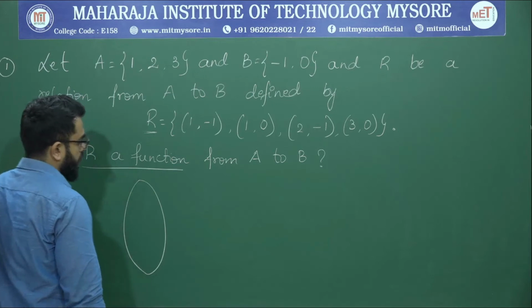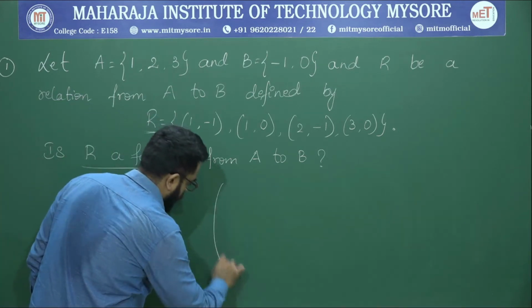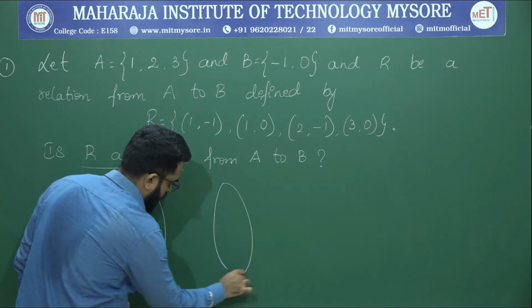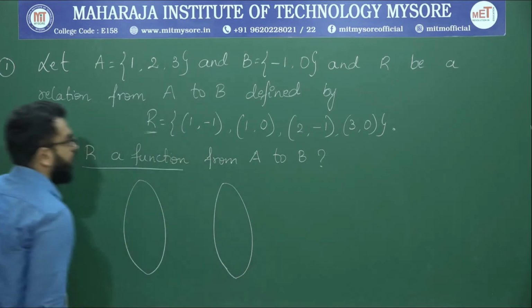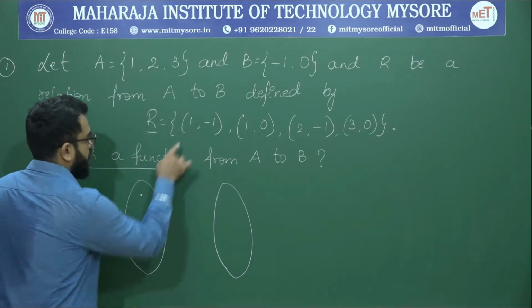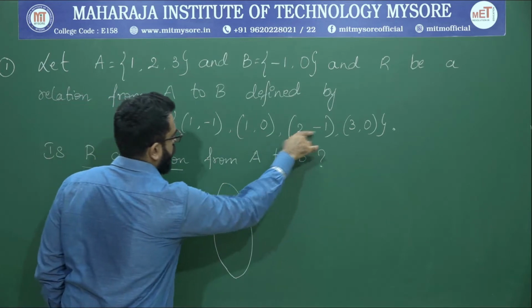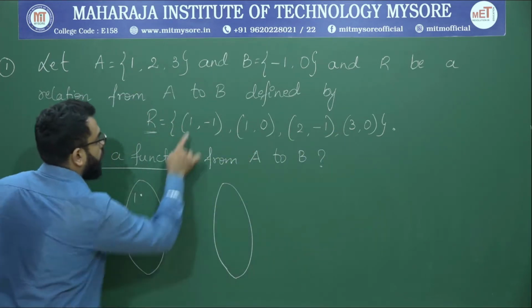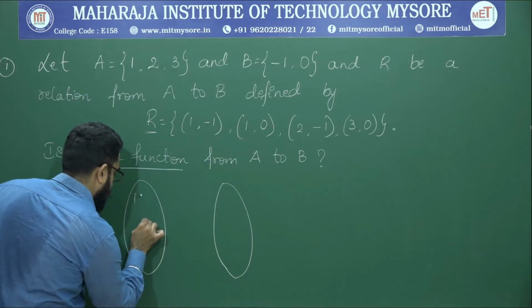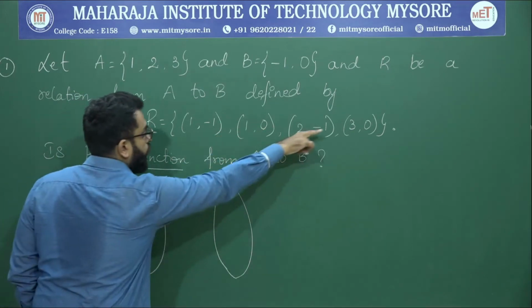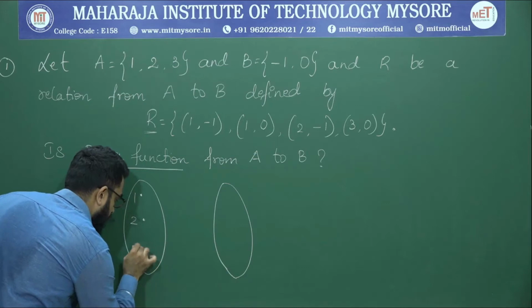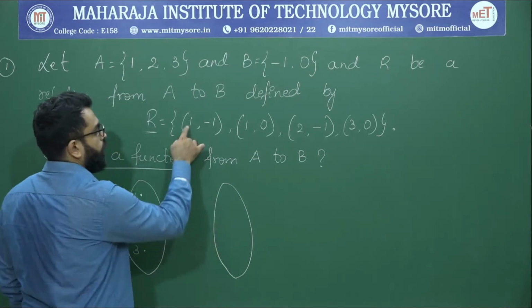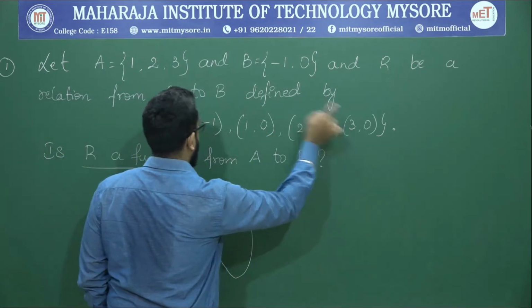We are quite familiar with this. So I'll try to draw the arrow diagram for the given relation. I'll take all the elements of set A, that are 1, 2 and 3.